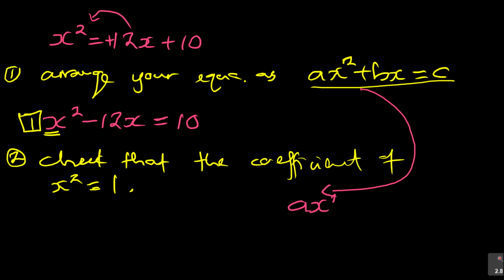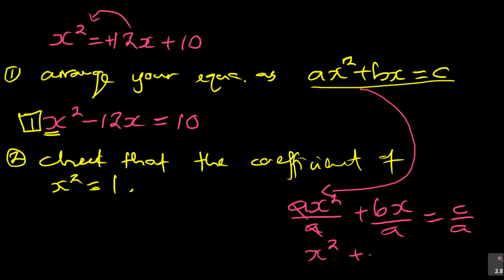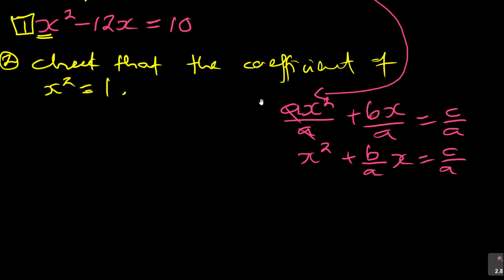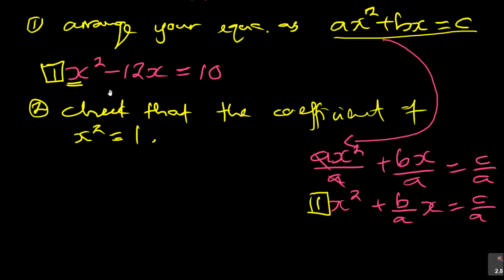So you say x squared over a plus bx over a is equal to c over a, so that you cancel that, and then you've got x squared plus b over a x is equal to c over a. So the coefficient of x squared must always be 1. The good part is this one is already done.